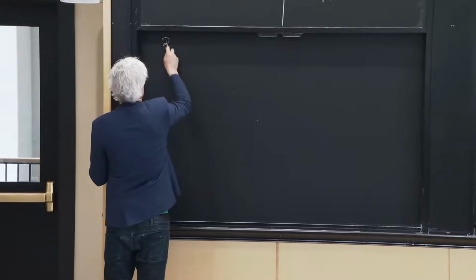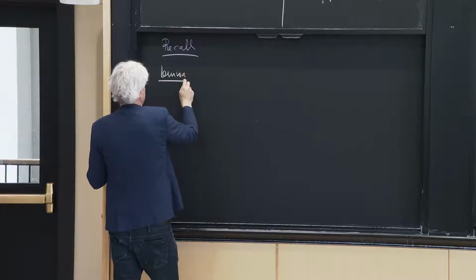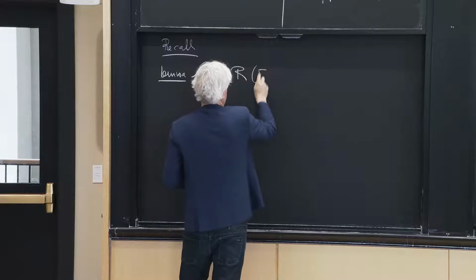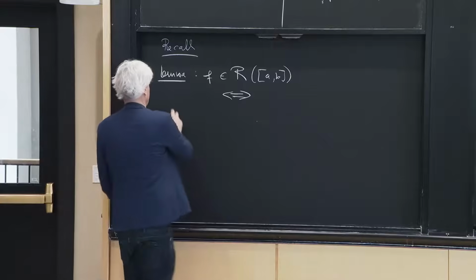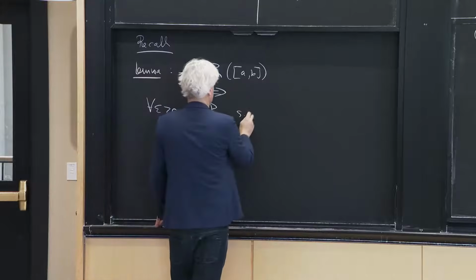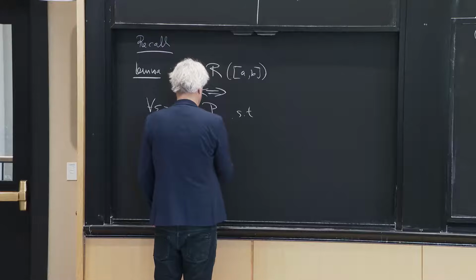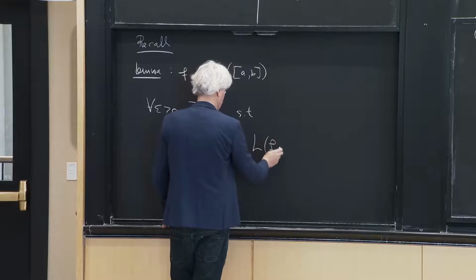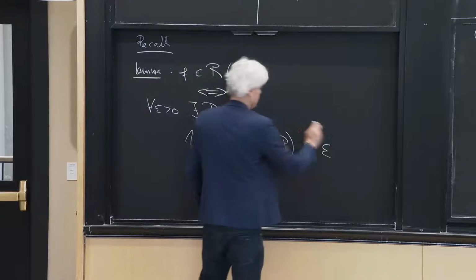So recall this from last time, you have the following lemma. f again is bounded, so f is Riemann integrable if and only if for all epsilon greater than 0, there exists a partition P of this interval here such that the upper sum, which is always bigger than the lower sum, minus the lower sum, so this number is always positive, but if for all epsilon you can make this difference smaller than epsilon, right?